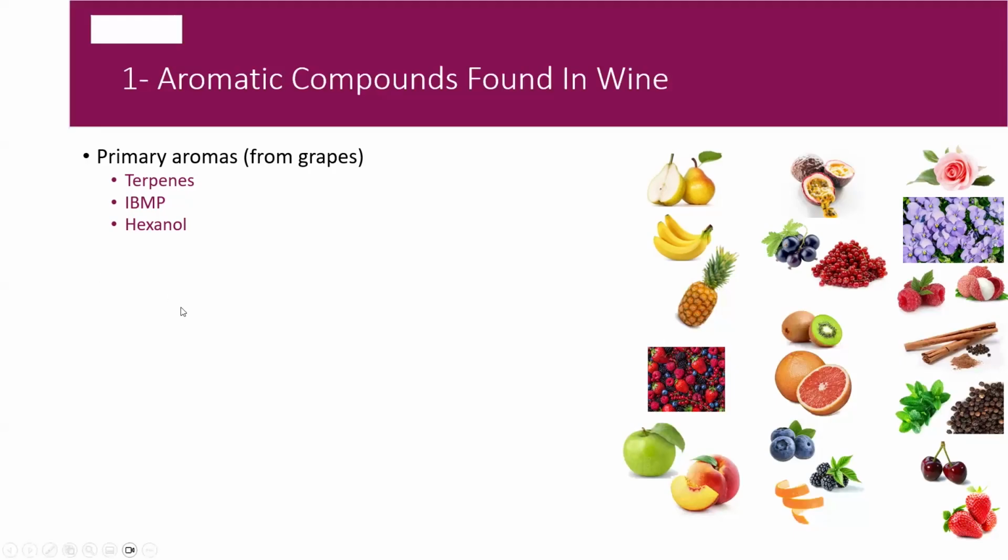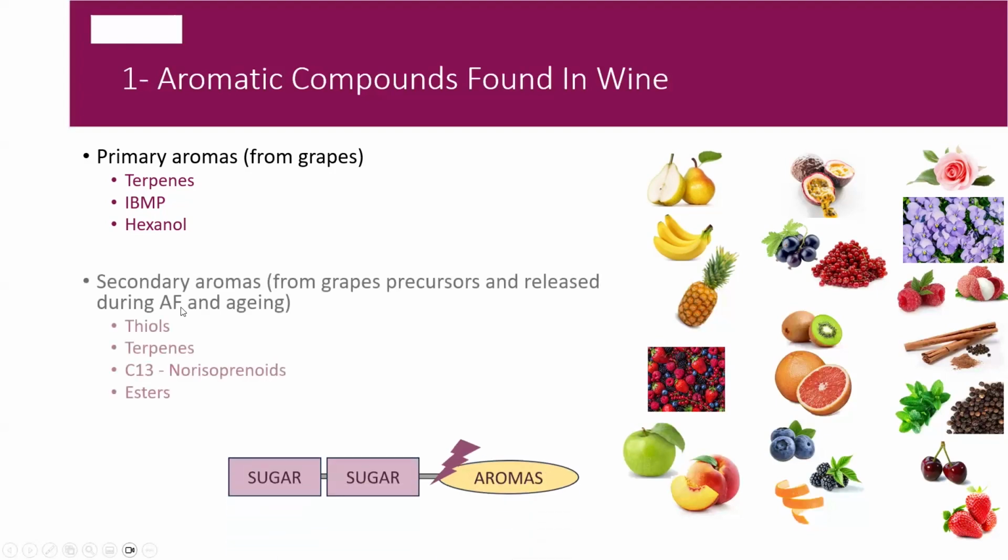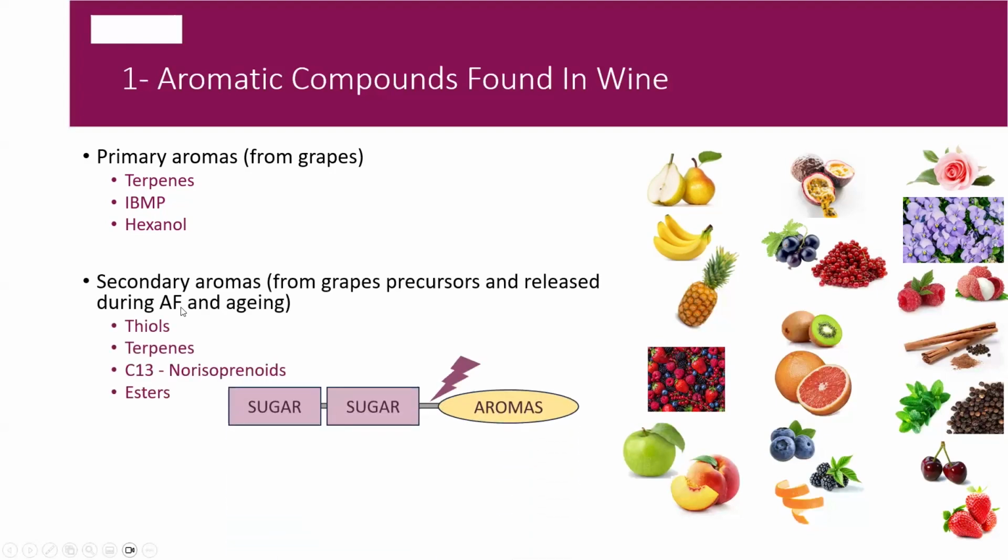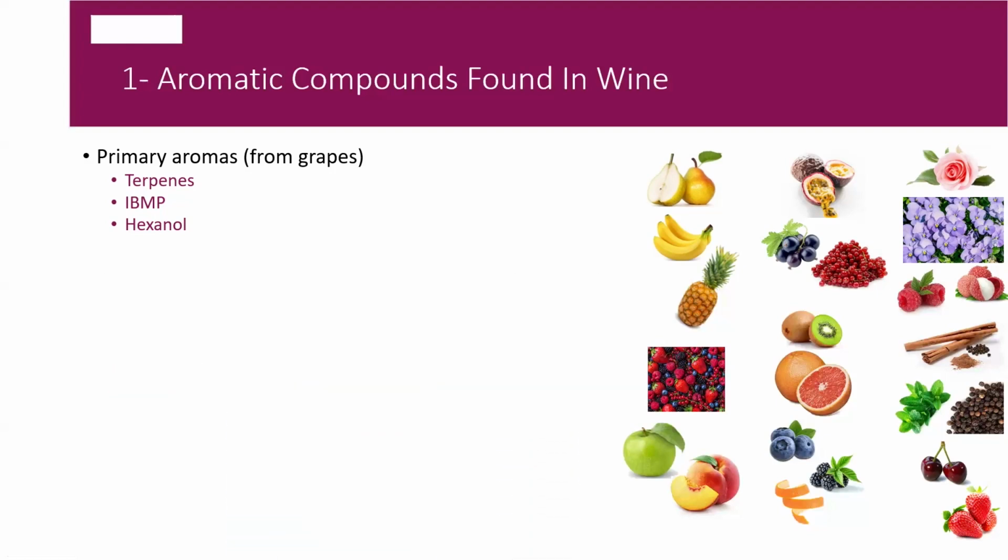Then we have the IBMP, which is the methoxypyrazines, also called pyrazines. These aromas are found more in Sauvignon Blanc, Cabernet Sauvignon, or Cabernet Franc. They usually smell like green bell pepper, grassy aromas, tomato leaf, or asparagus.